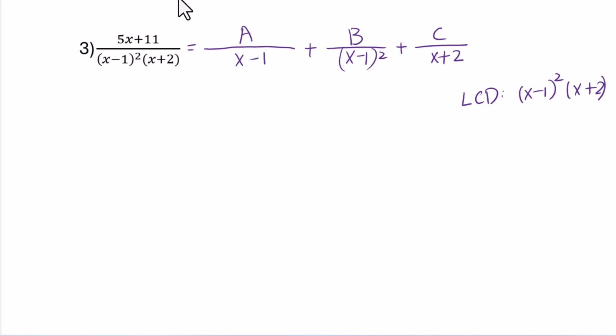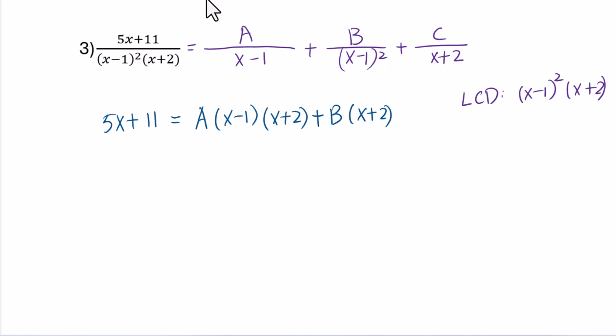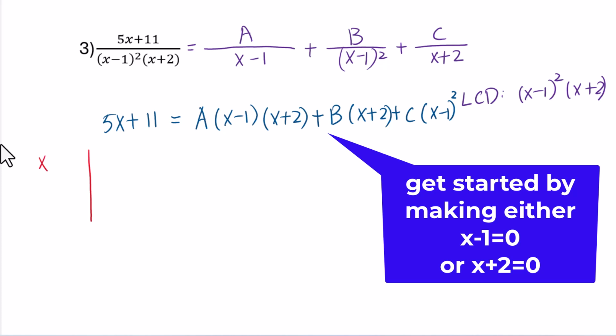Both sides times LCD. We will get 5x plus 11 equals a times x minus 1 times x plus 2 plus b times x plus 2 plus c times x minus 1 squared. First of all, we will make x minus 1 equal to 0, x equals 1.